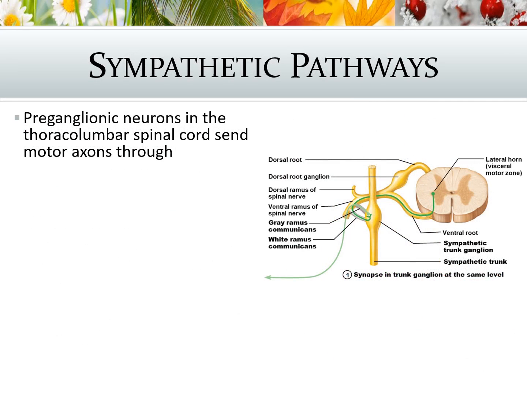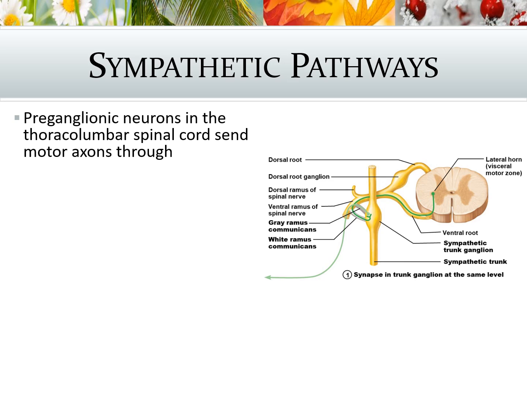So now let's talk a little bit about the sympathetic pathways. We're going to talk about where the preganglionic neurons run and where the postganglionic neurons run. And we'll talk about the differences between the sympathetic trunk ganglia, so which neurons synapse on the trunk ganglia versus which neurons synapse in the collateral ganglia.